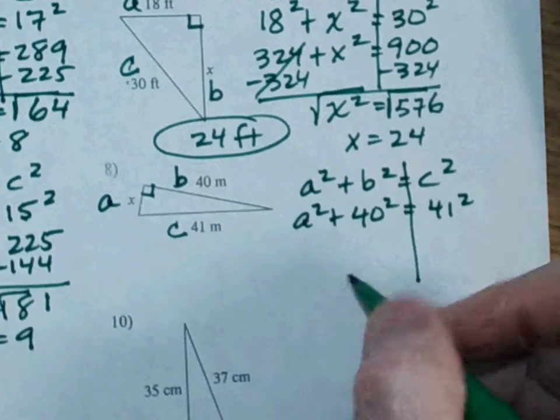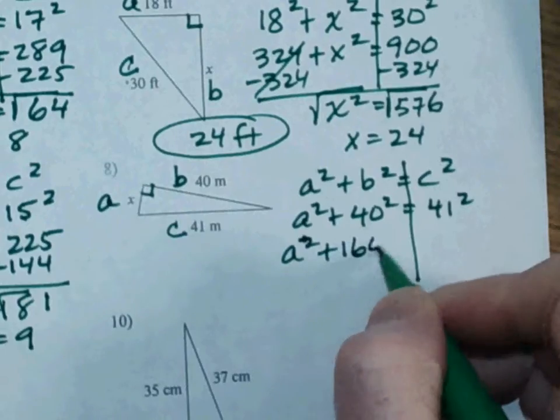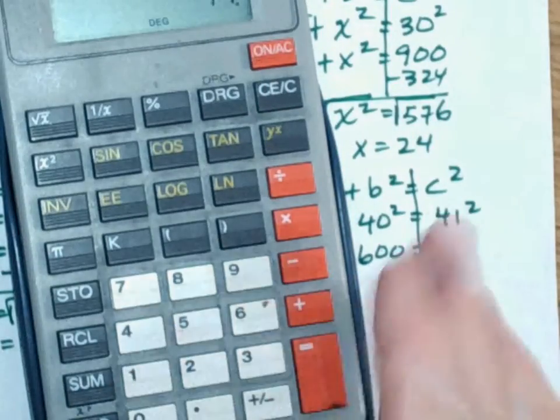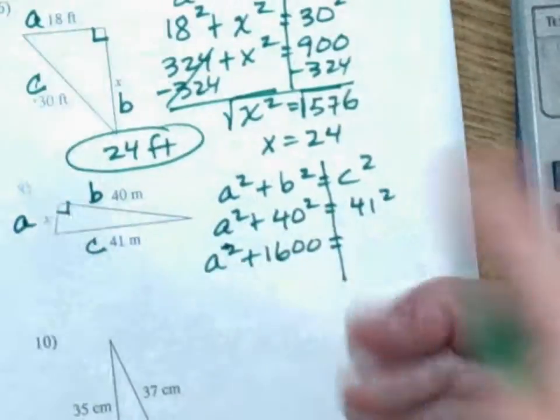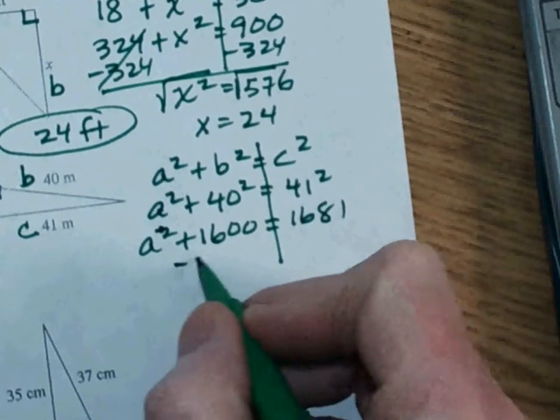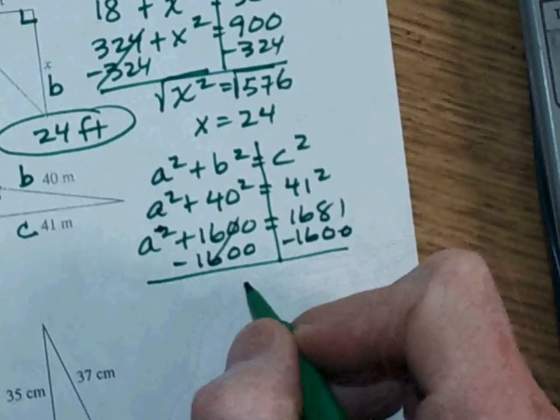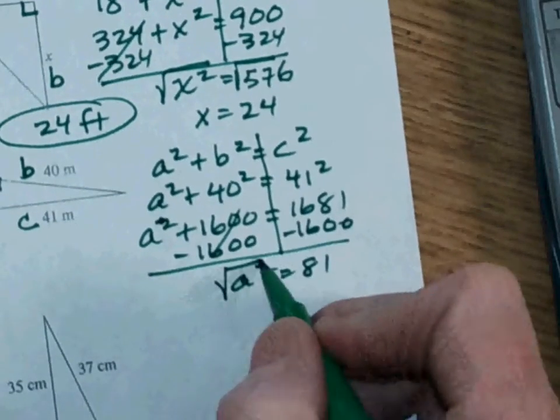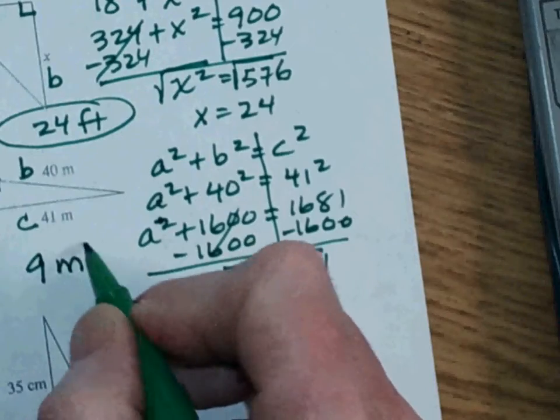A, B, C. I don't know what A is yet. 4 times 4 is 16 with 2 zeros. 41 squared is 1681. Inverse operation, I subtract 1600 from both sides. A squared is equal to 81. I take the square root of both sides, I get 9. The answer is 9 meters.